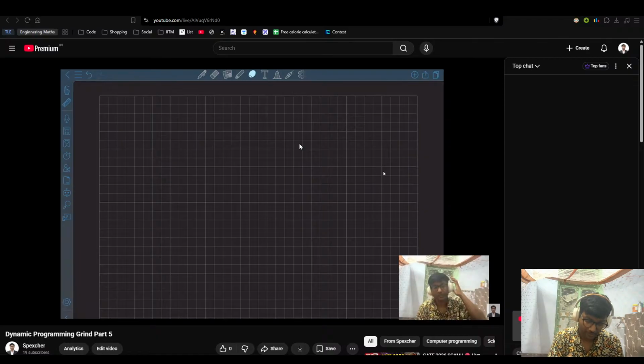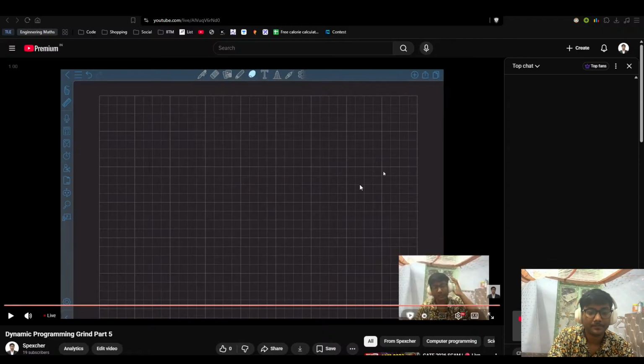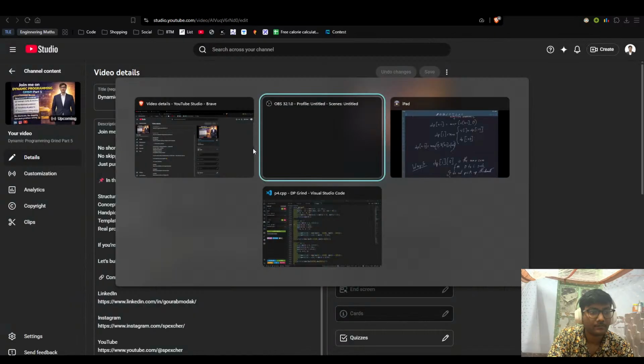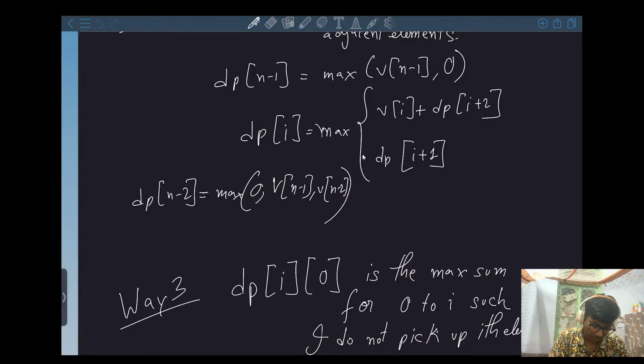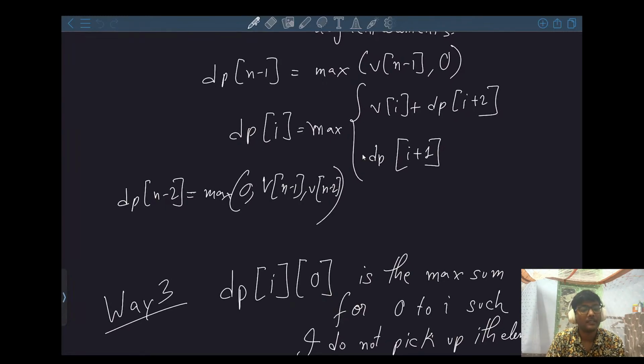on the idea that there were 4 ways to solve that problem where we are allowed to pick any element and maximize the sum of elements that I pick in an array such that I do not pick adjacent elements.